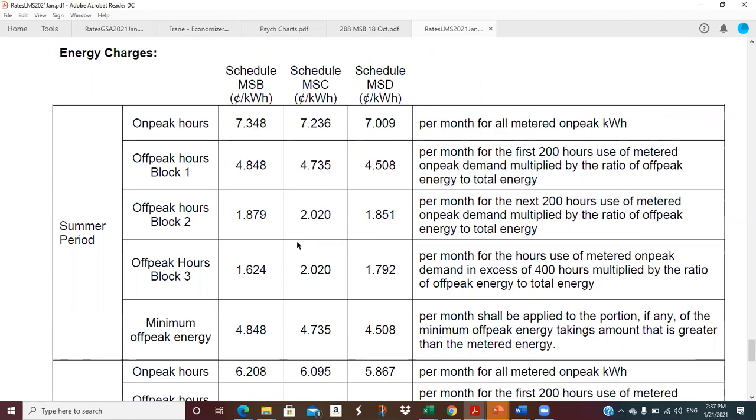So if you can schedule, and that's why they do this. They want to give industry, large manufacturers, enough incentive to save money on their utility bill to do their best to move these loads to the off-peak period. That helps the utility like crazy. So they offer this to them. Okay?